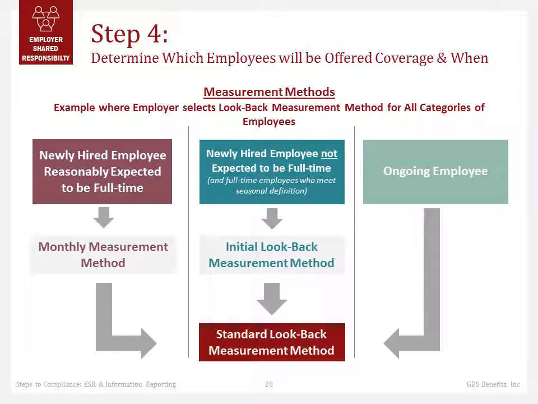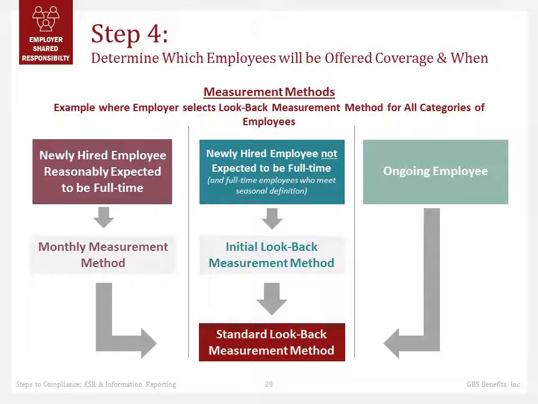The 3 categories include newly hired employees who are reasonably expected to be full-time. We have talked about how they first go into the monthly measurement method and they're transitioned into the standard look-back. Now we're talking about the look-back method, and we're talking about how there's an initial look-back method and a standard look-back method. So this applies only to this category in the middle.